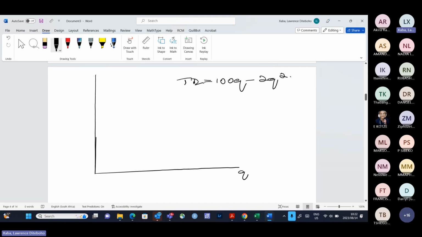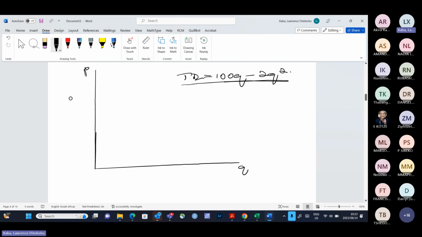We have our Q, we have our P. From this quadratic equation, we have to find the values on our Q axis, or X axis. So now we want to find the two values that are going to be on our Q axis.